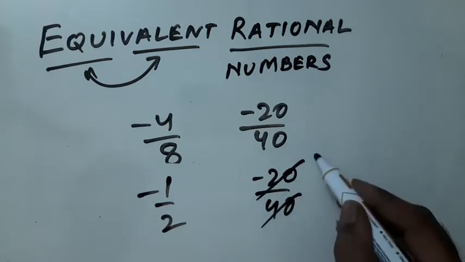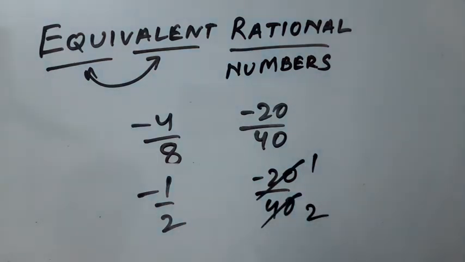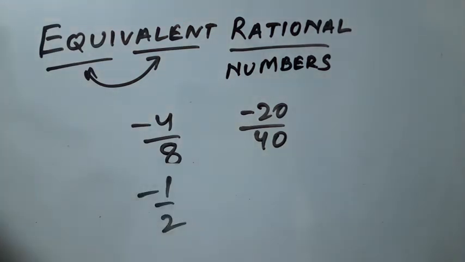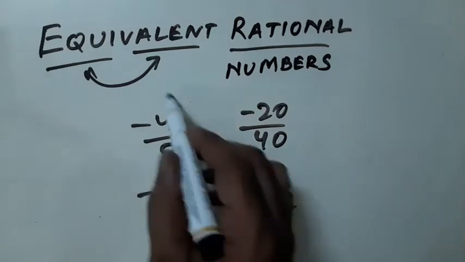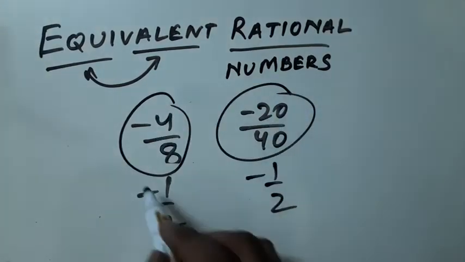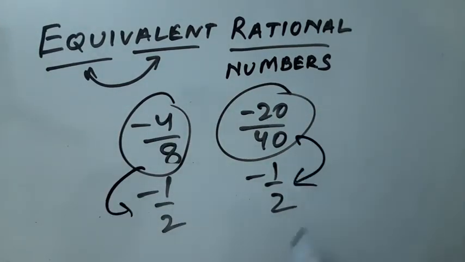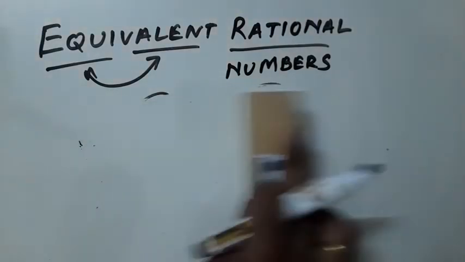We can take 10, we can take 2, but both are divisible by 20, so we can do it directly. So this one is also equal to minus 1 by 2. That means both the numbers give minus 1 by 2 after cancellation. We are just simplifying it, so we get the same answer. That means they are equivalent.